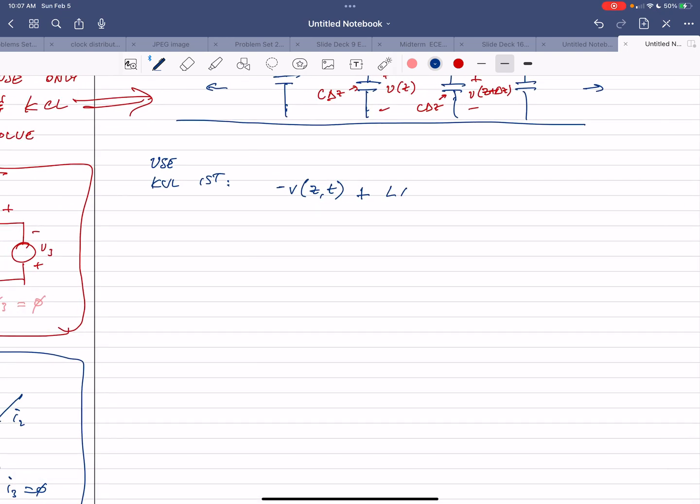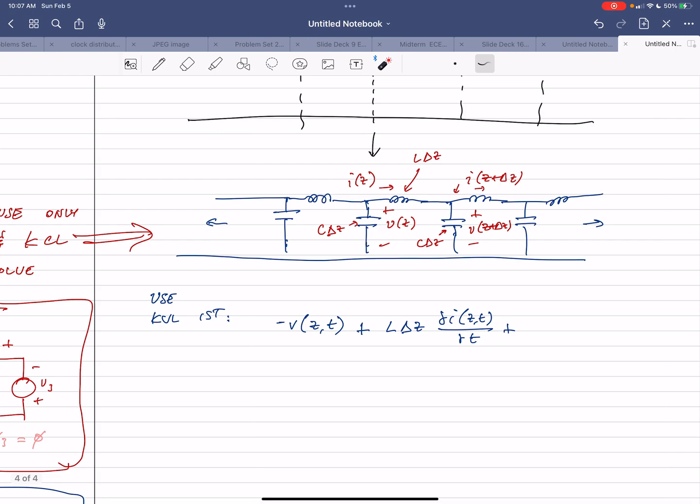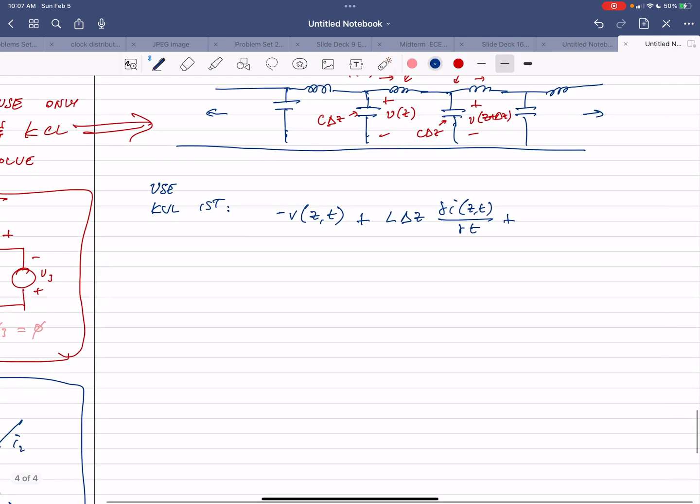L delta Z is the inductance of that little section, and we get di/dt. Now I'm just going to subtract. The last piece going across here is the voltage across this capacitor, and that's going to be plus V at Z plus delta Z, comma t, is equal to 0.